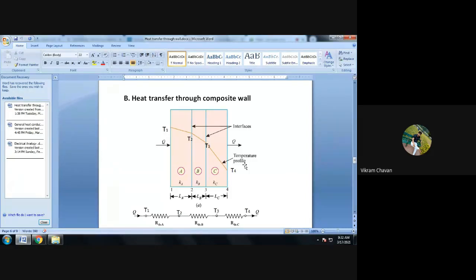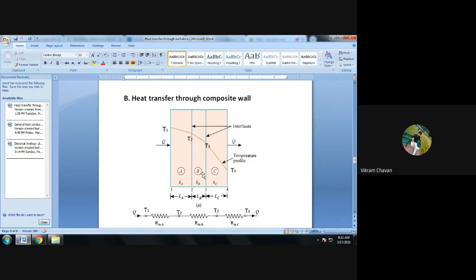So we can say that A is the base wall, B is the first insulation provided on the base wall, and C is the second insulation provided on the base wall.